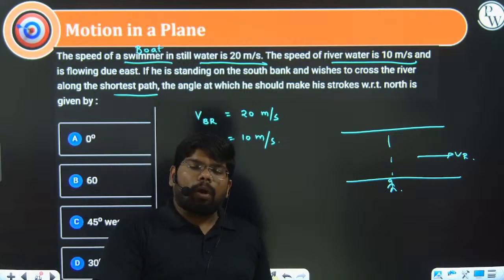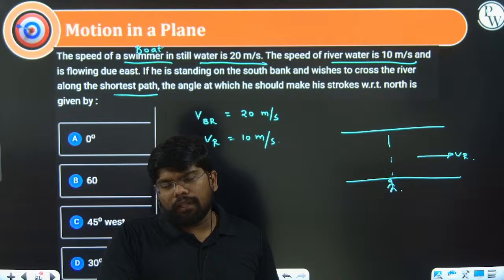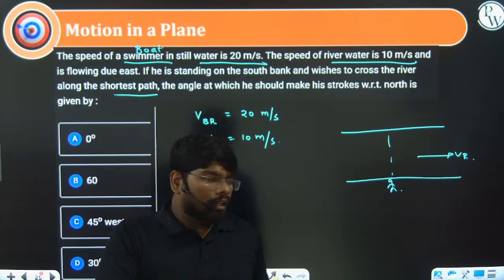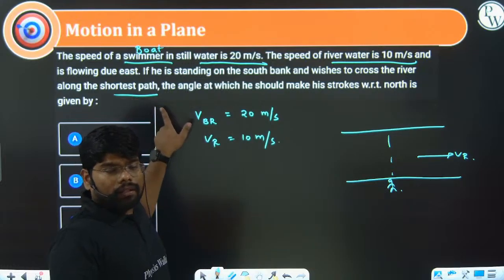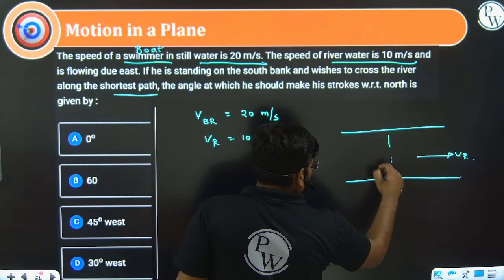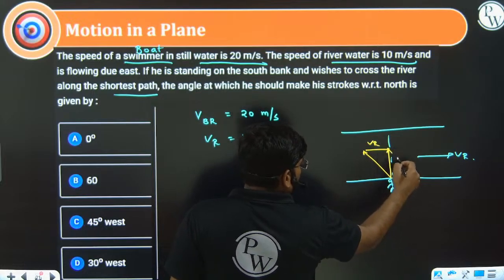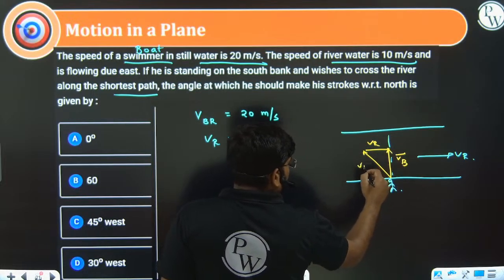In river boat problems, there are only two cases. One is the shortest time, one is the shortest path. Here he wants to travel in the shortest path. How to travel in the shortest path? When he travels in this manner, the river will push him, and the final resultant velocity is here. So VB is here.